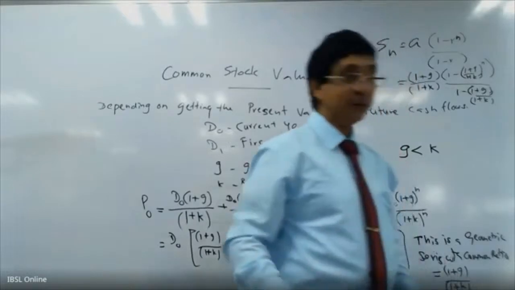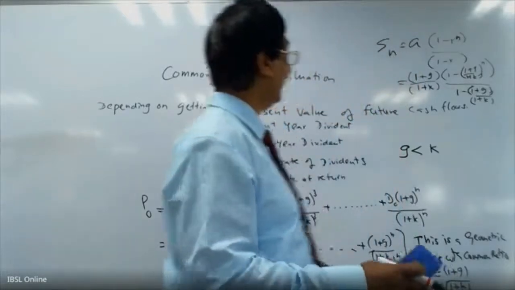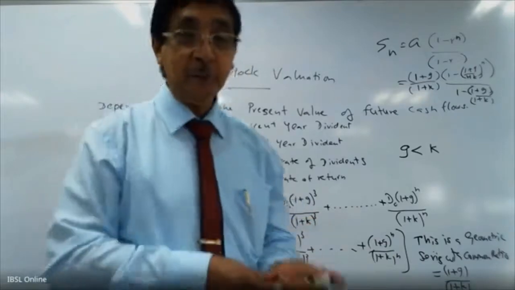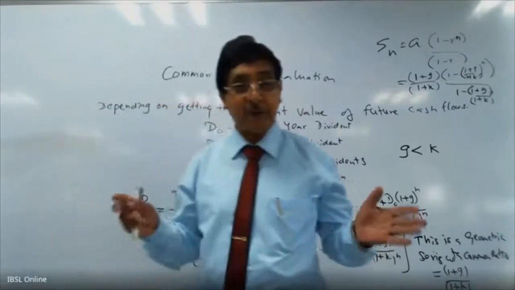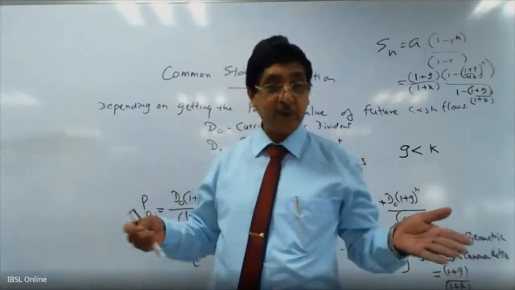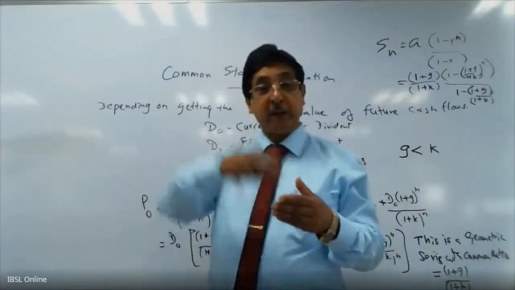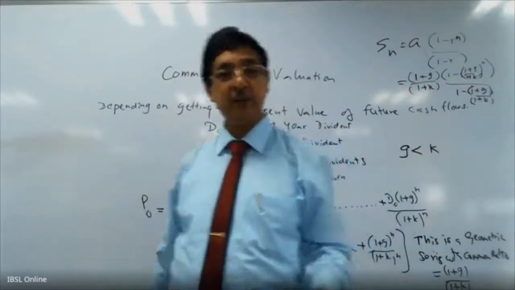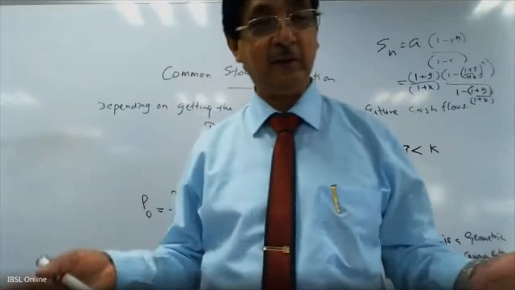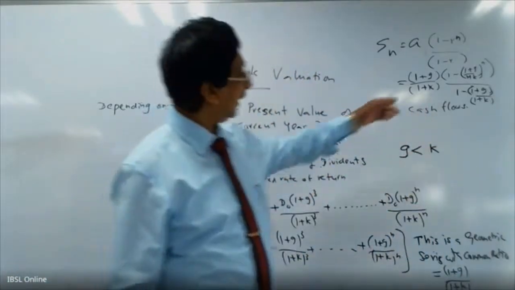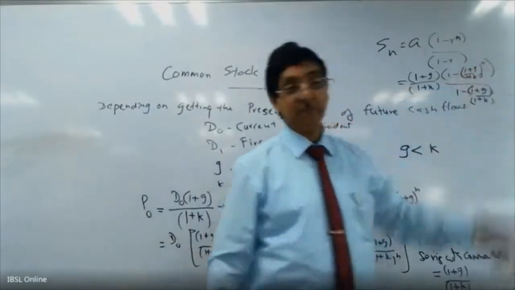Now I just want to show you what is really happening here. I told you this is a perpetual type of stock. What do you mean by perpetual? It has a lifetime of an infinite number of years. That is the assumption. No one is infinitely living, but that's an assumption. So therefore, N goes to infinity.